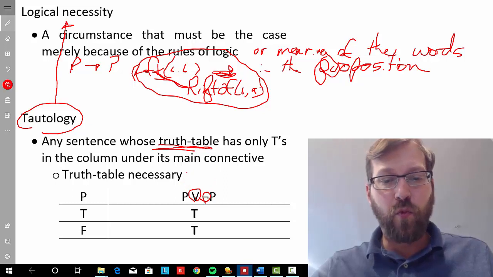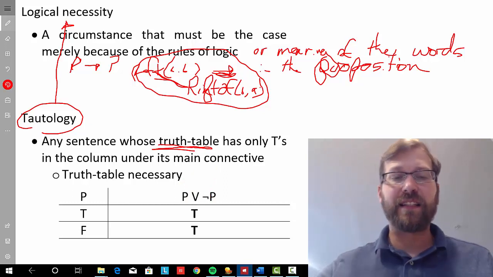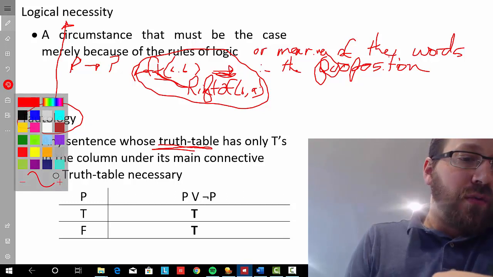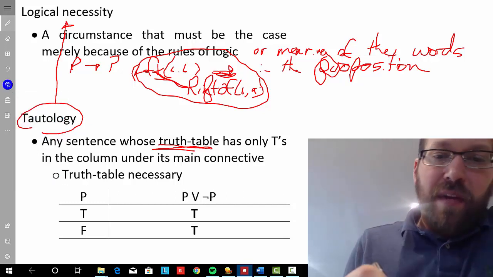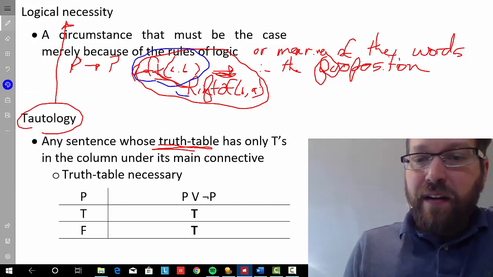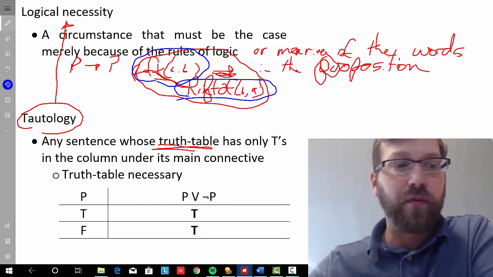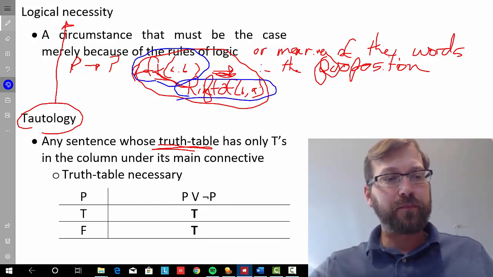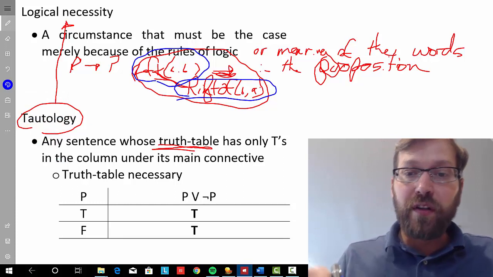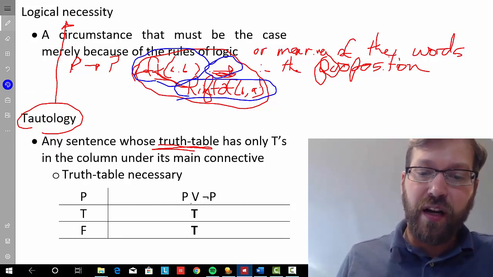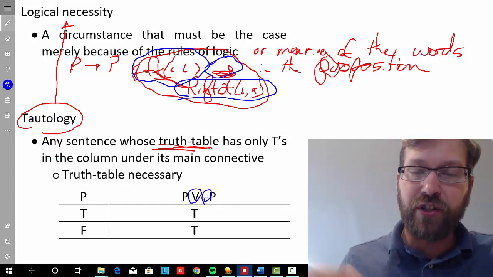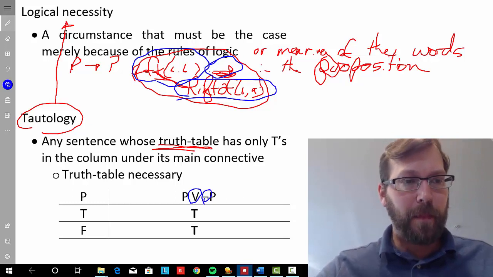So for instance, a truth table isn't sensitive to the meaning of left of and the meaning of right of. It would ignore those. What it wouldn't ignore is the conditional sign, the disjunction sign, and the negation sign.